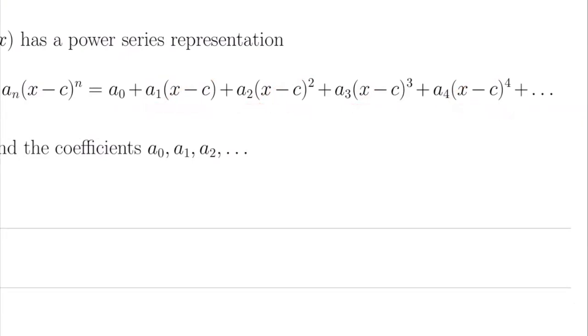We need to let x equal c. When you let x equal c, all of these terms will vanish, and you'll be left with a sub 0. So that's the first step, let's find f of c.